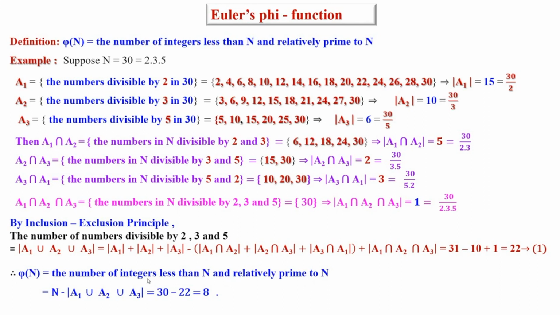So from the total number of numbers, namely 30, if we subtract this number, we get what is required: 30 minus 22, which gives 8. Now this is the basic concept used in finding a formula for Euler's phi function whenever n is any number written as p power a, q power b, r power c. So we will consider the general case.